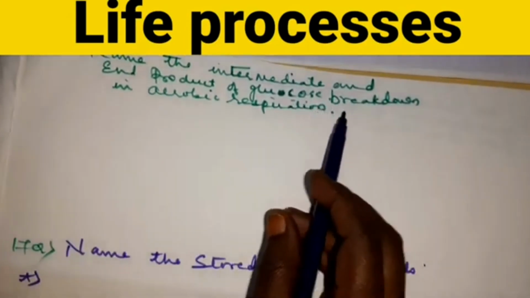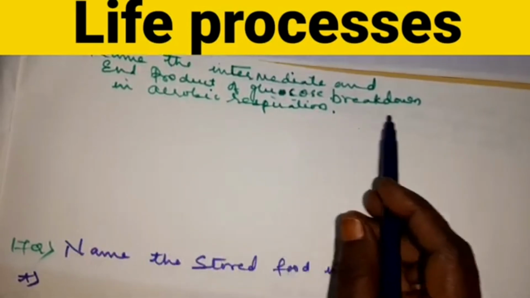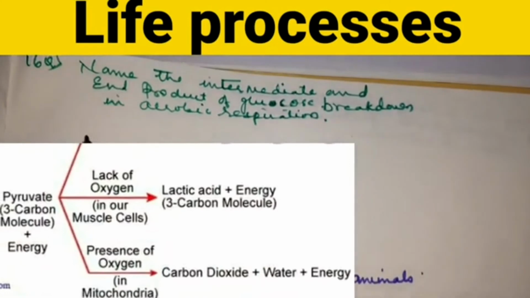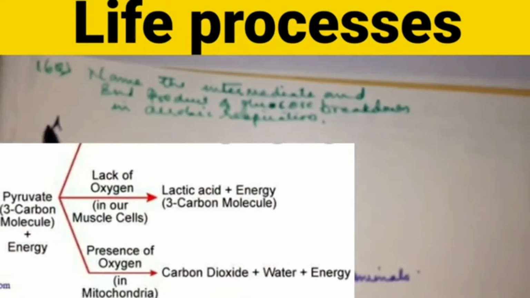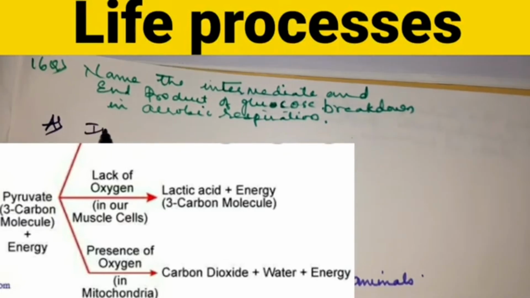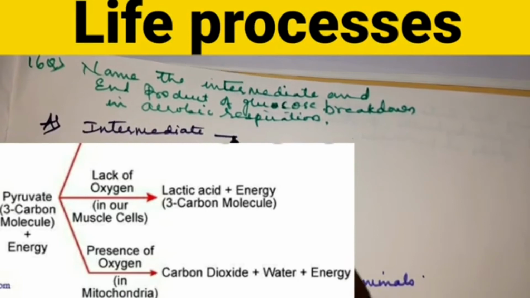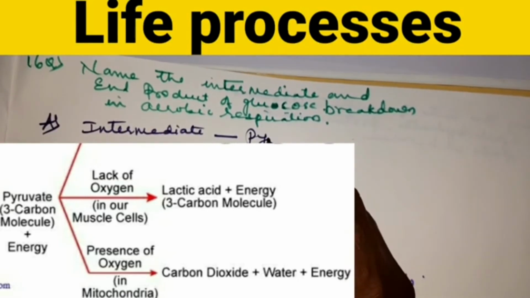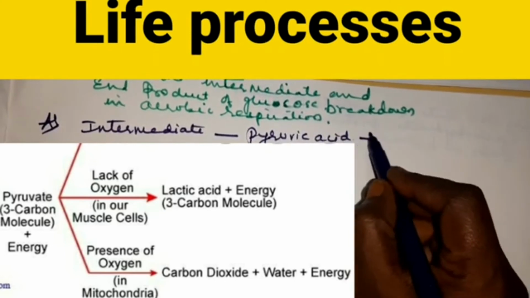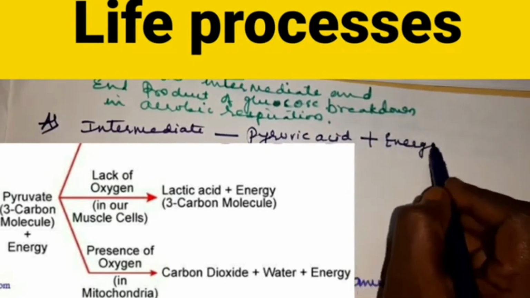Next question is, name the intermediate and end products of glucose breakdown in aerobic respiration. Here in aerobic respiration the intermediate product is pyruvate or pyruvic acid, children, which contains 3 carbons, plus energy.